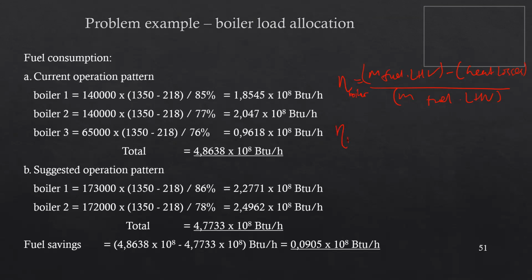Another formula that can be used is this: the boiler efficiency equals the mass flow rate of the steam multiplied by the specific enthalpy of the steam minus the specific enthalpy of the feed water, divided by the M fuels times HHV of the fuels.